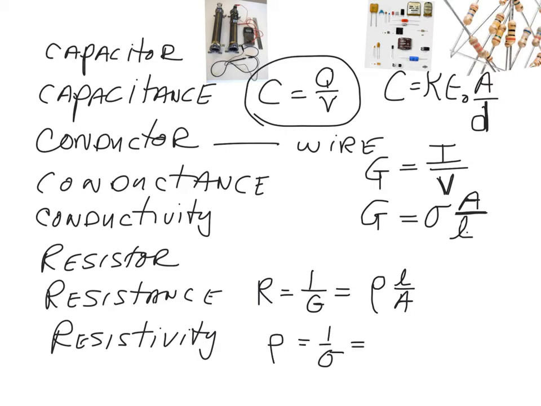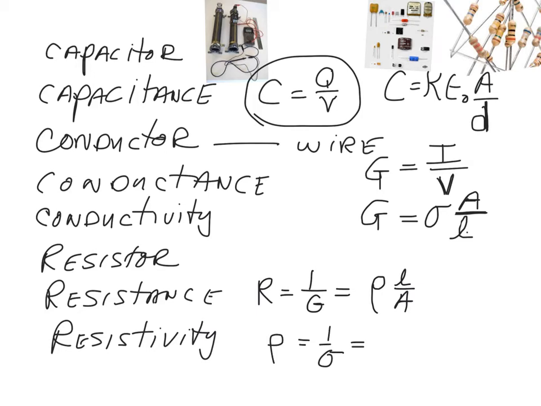But the thing about resistivity is it does depend not just on the material, but on the temperature. So a wire, when it's heated up, it turns out it has more resistance and less conductivity.